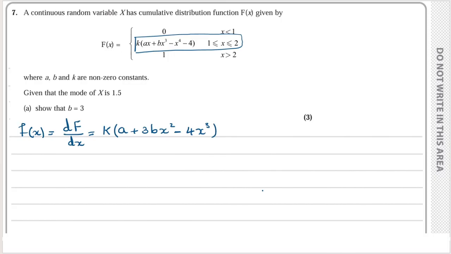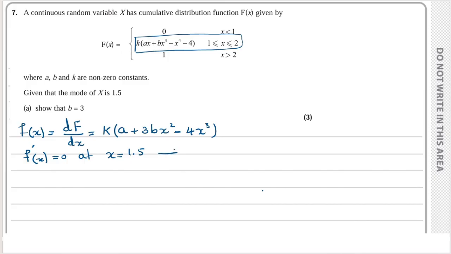And we are told that the mode is at x equals 1.5. Therefore, the PDF f of x has a maximum at x equals 1.5. So that means that f dash of x is going to be equal to 0 at x equals 1.5.